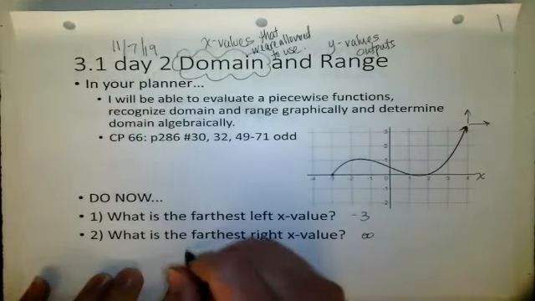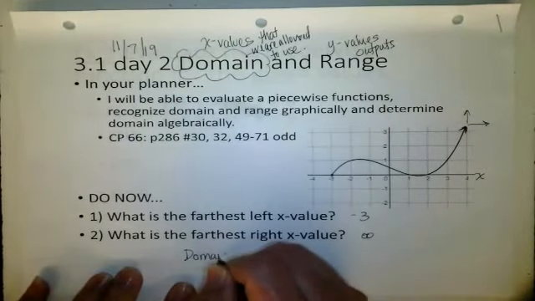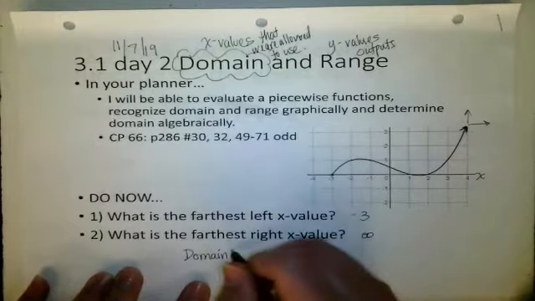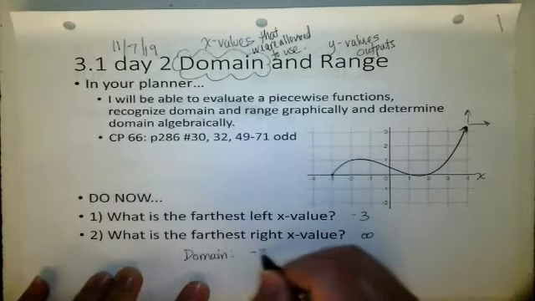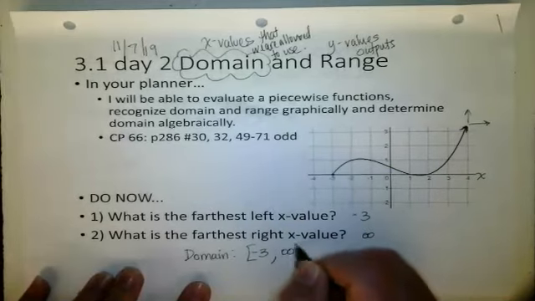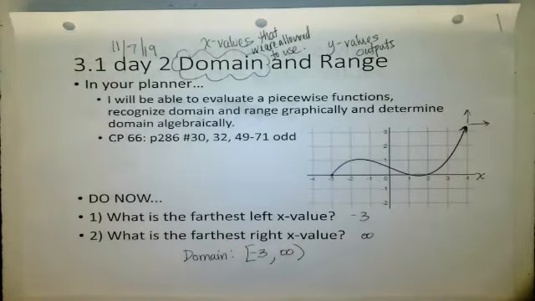So you just answered the question, what's the domain of this function? In this case, the domain stops here at -3, and it goes all the way to infinity. That's domain. Make sense? Absolutely.